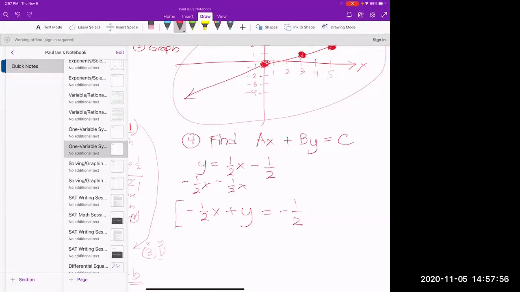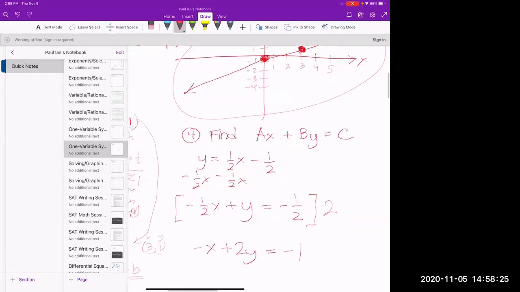So what do you times this by? You times it by 2. Or 2/1, whatever. If it was like 3/2, 2 over something. So you times it by 2, and then you get minus x plus 2y equals minus 1.